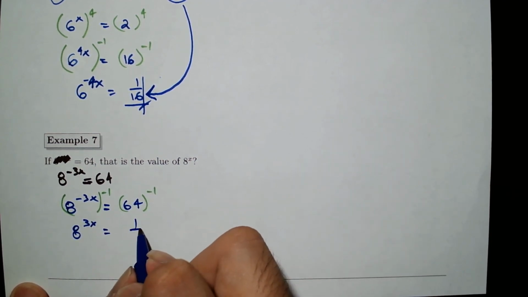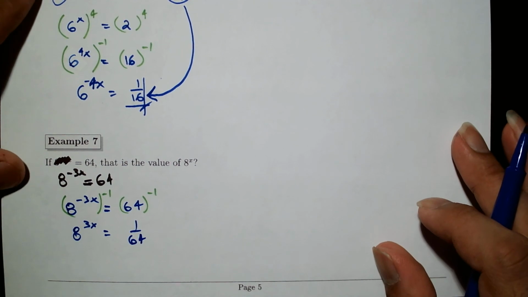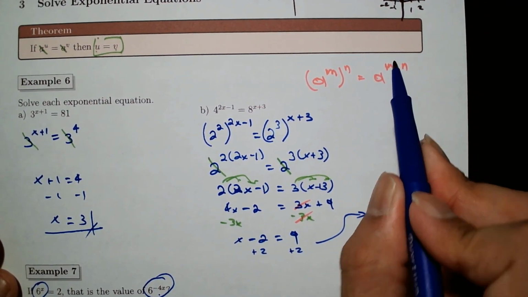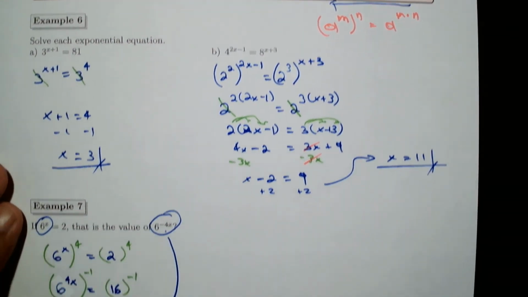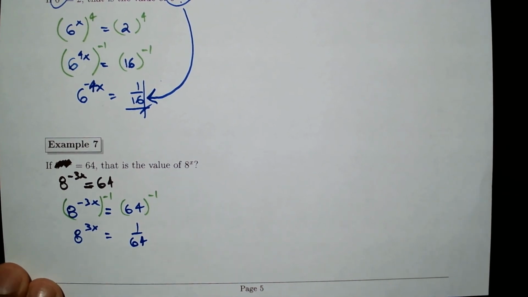That's going to give me 1/64. All right. Then I'm going to use this property backwards so you can see it better. I'm going to go from here to there, and I'm going to take out one of the factors here. I'm going to take the 3 outside.